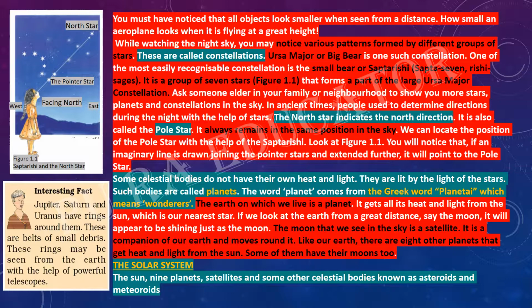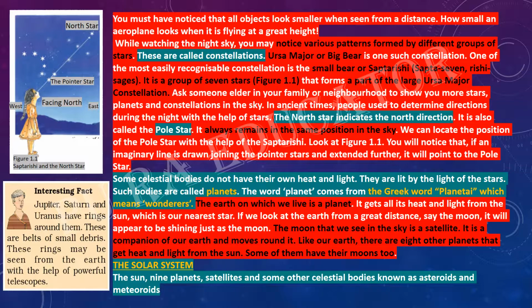The word planet comes from the Greek word planetai, which means wanderer. Wanderer means the planets revolve around the sun. They wander around the sun. The earth on which we live is a planet. You know that? Now, I think you know.